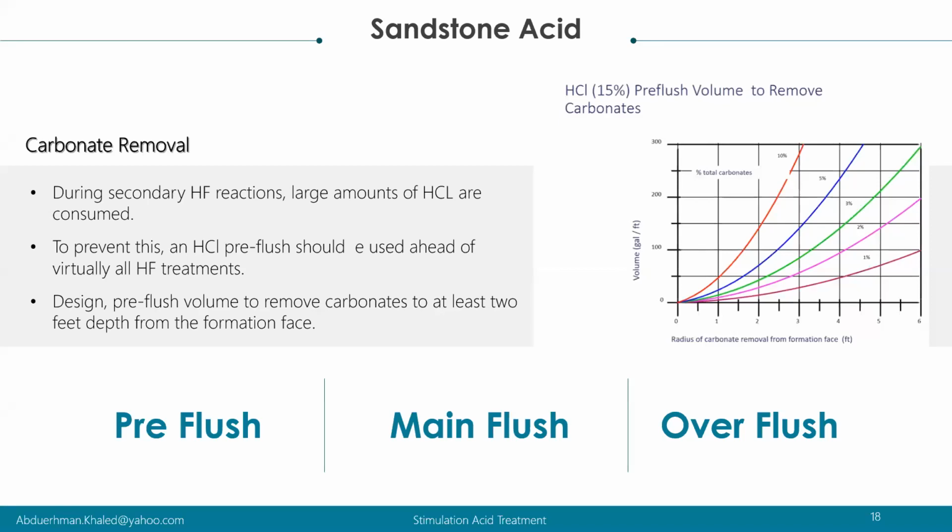So always remember to remove all the carbonate in the near wellbore area, because there is one thing you never want to have around the wellbore. Calcium and magnesium salts of hydrofluoric acid are insoluble, and they will create a lot of damage by precipitating.